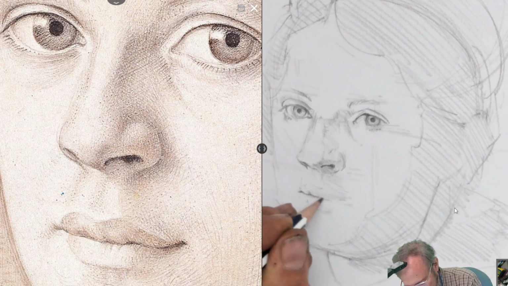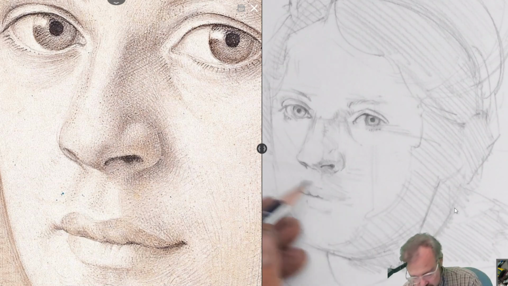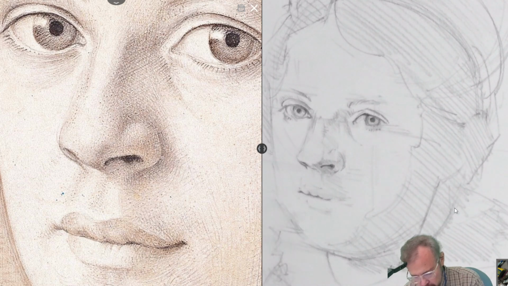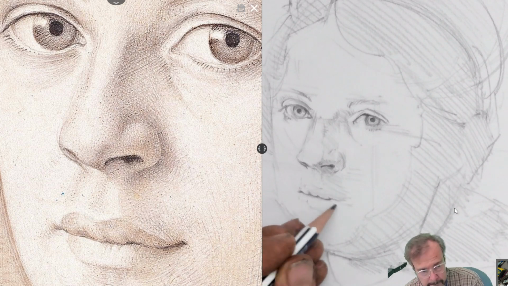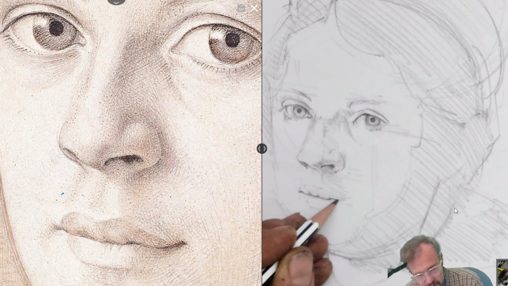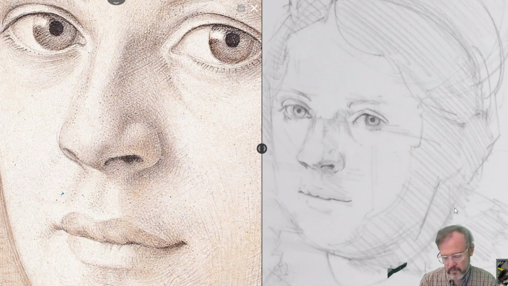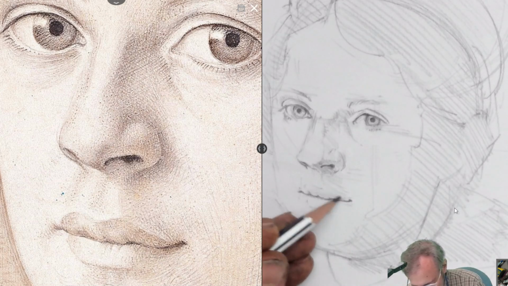The center part of the Cupid's bow has a little crease in the middle of it, which you don't typically see. You see this little crease right here, so it almost looks like a reverse Cupid's bow. And then she's got this little lift to the corner of her mouth on the right. Very subtle expression.